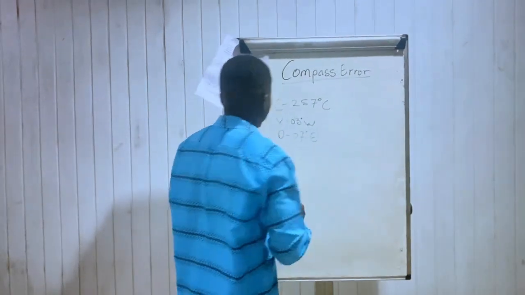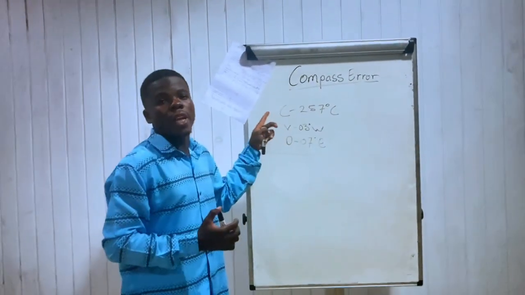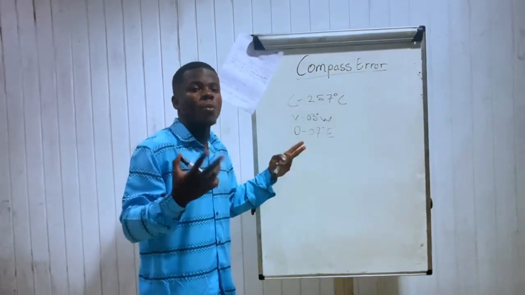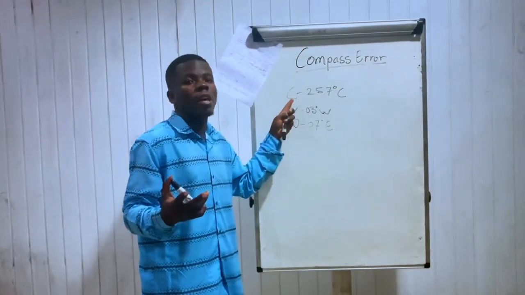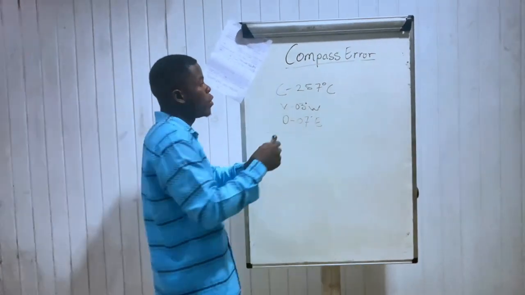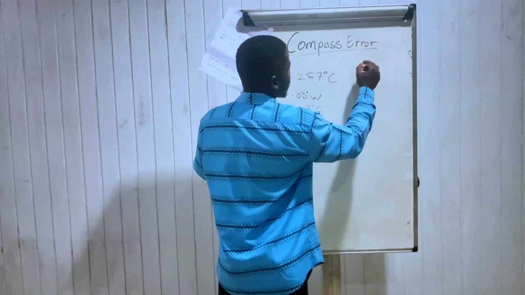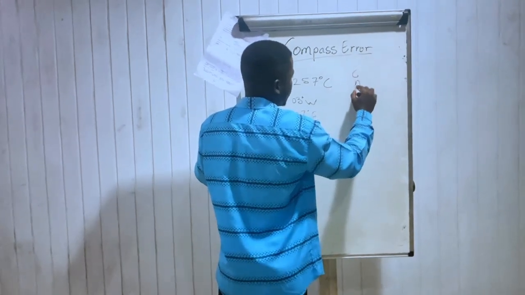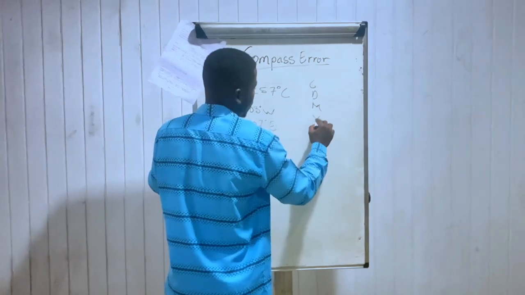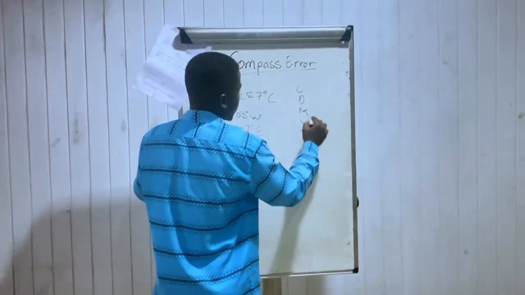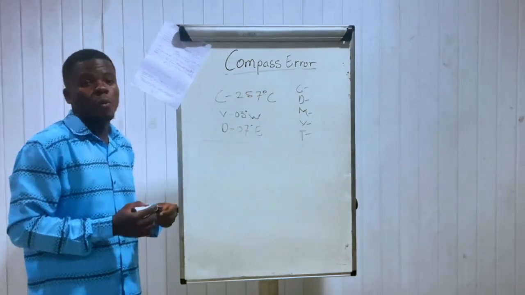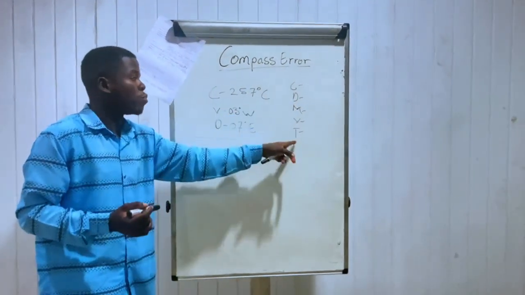So you know that right now they have given us our compass, meaning that we have to know where we are moving to. They have given us our compass, so we are moving to true. We are going to use this formula, from compass to true.